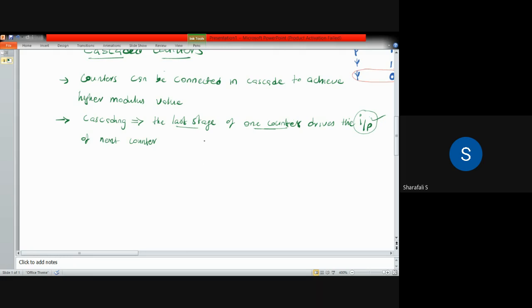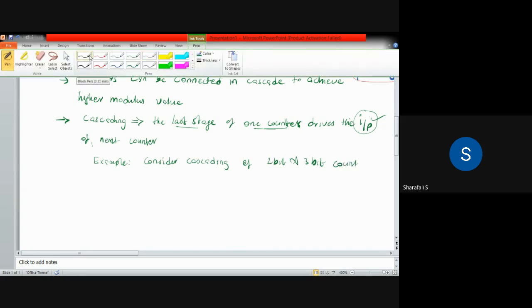So let us consider a 2-bit asynchronous counter that is cascaded with a 3-bit counter. As an example, consider cascading of a 2-bit and a 3-bit counter.